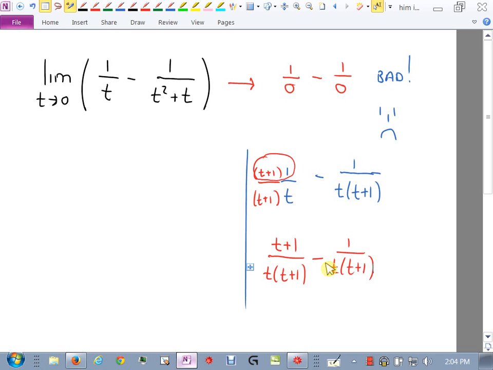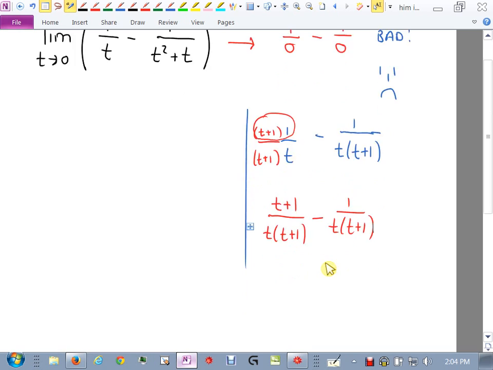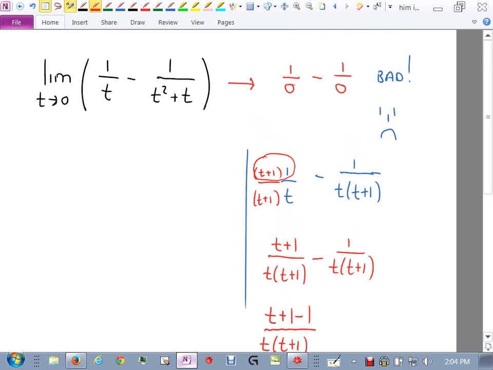The thing we have to be careful with is that minus sign, right? Right now, it's not going to be that big of a deal. It's going to be minus 1. But if there were more than one term over there, we would have to apply that negative to both or put it in parentheses. So this is going to become t plus 1 minus 1 over my common denominator t times t plus 1, which is what I'm going to write back over here.